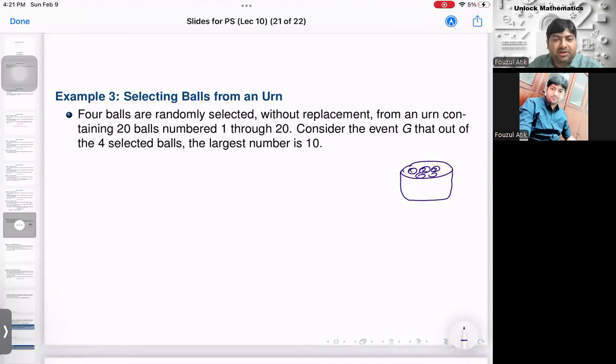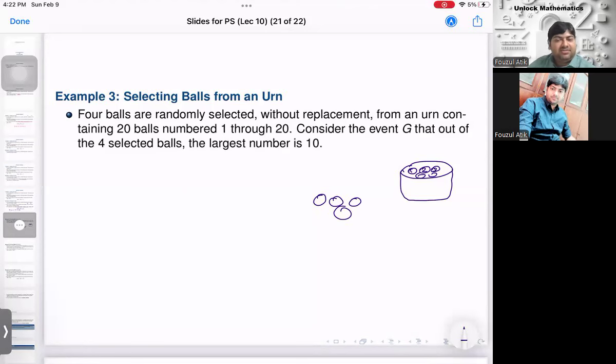Each of the balls is labeled 1, 2, 3, 4, up to 20. Now from there, what is the experiment? 4 balls are randomly picked. So you pick 4 balls from this urn without any replacement.